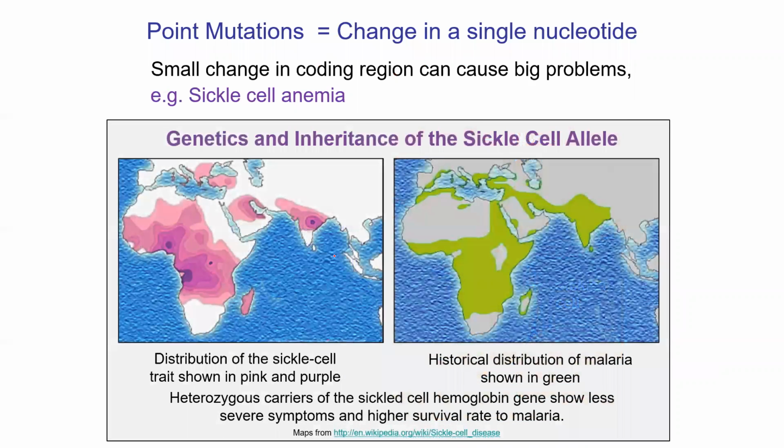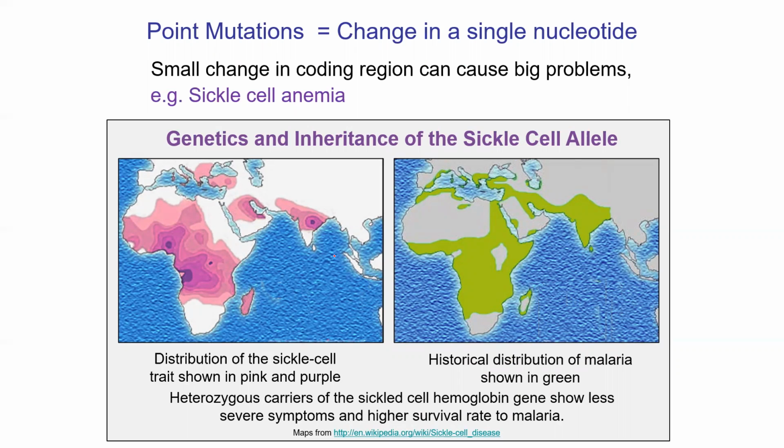I also mentioned last day, I showed you this map here and showed you that this mutation is pretty common in certain parts of the world, or at least where your family originated from. And it turns out, interestingly, that these parts of the world overlap somewhat with the historical distribution of malaria. So malaria is caused by a parasite that infects red blood cells.